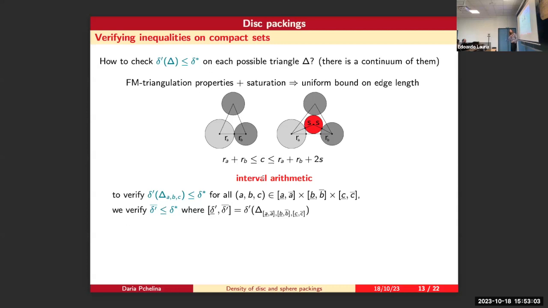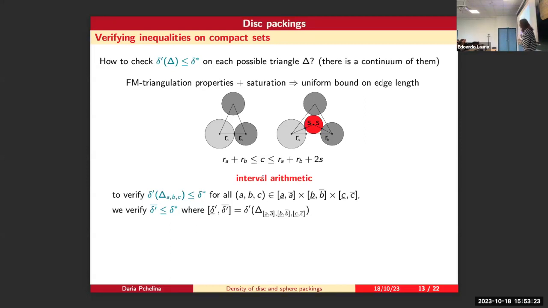Here we have one inequality, but it's in interval arithmetic. And so actually the problem is solved, because we can do it by computer. Interval arithmetic is nicely implemented, everything is cool.